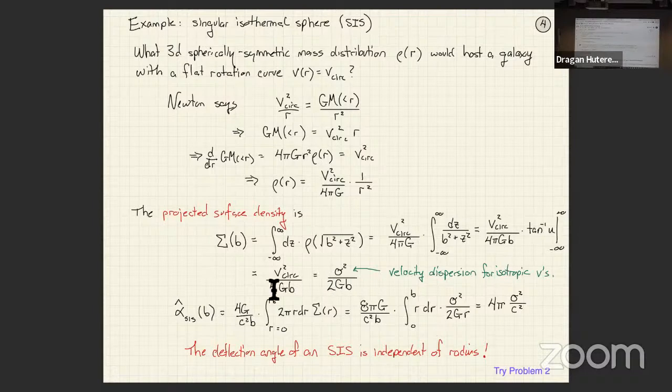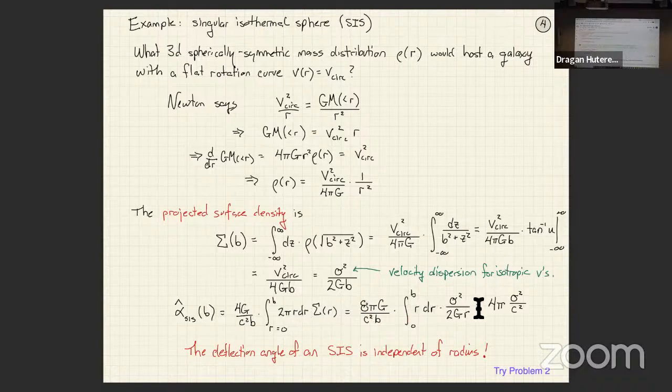Okay. Now we can go back and figure out what the deflection angle is. And remember that the deflection angle is 4G over c squared b times the mass enclosed within some distance b, right? That is the mass interior to the circle that we're passing through. And so to get that interior mass, I just integrate from radius 0 out to b, 2 pi r dr times the surface density of r.